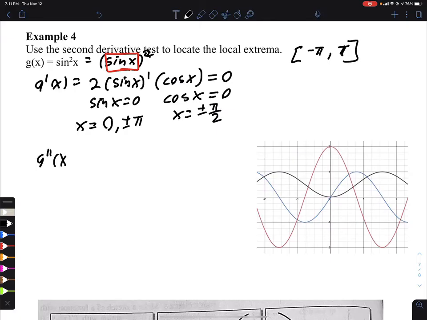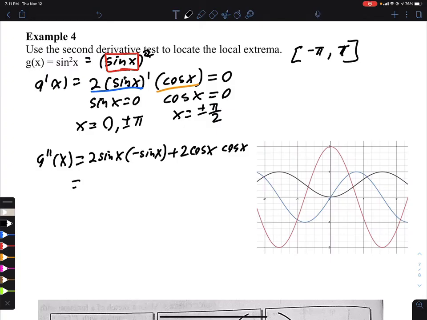The second derivative, we have a product rule. So we have 2 things being multiplied, that times that. So we leave the first alone, and we take the derivative of the second, and then we take the derivative of the first and leave the second alone.